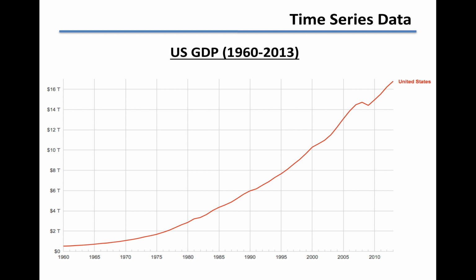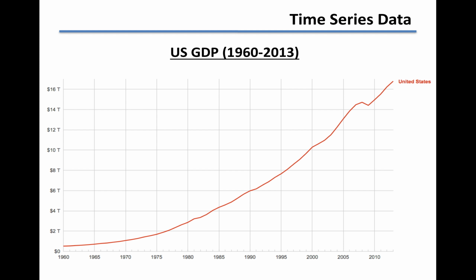Time series, again, this would be where we do not allow space to vary. So we're only looking within one spatially delimited unit, in this case the US, but we're allowing time to vary. So we're looking at US GDP across time from 1960 to 2013.